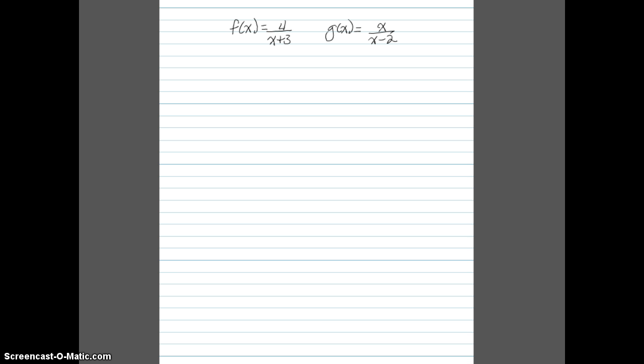Okay, so let's take these two functions. Remember, we were finding the quotient f over g of x. So I'm just going to rewrite that as f of x divided by g of x, to remind myself how I should set this up. And then substitute the expression for each function.